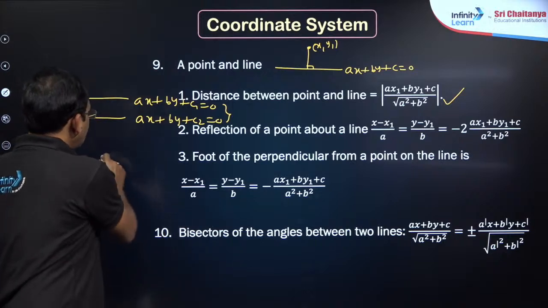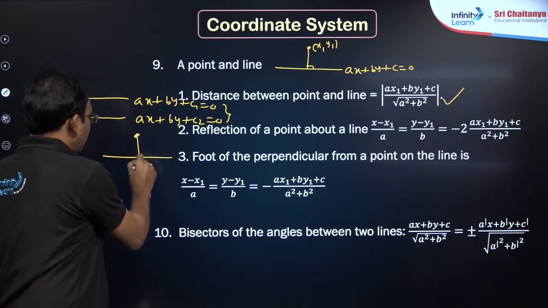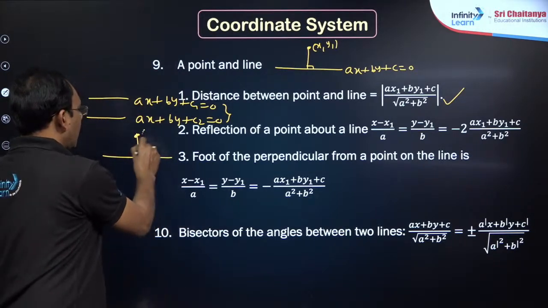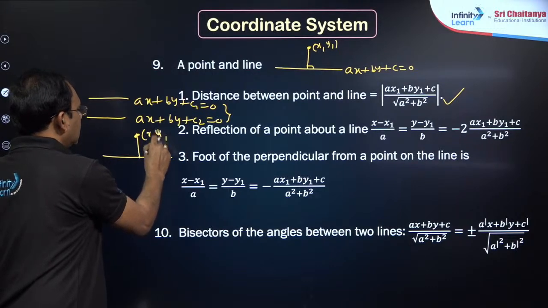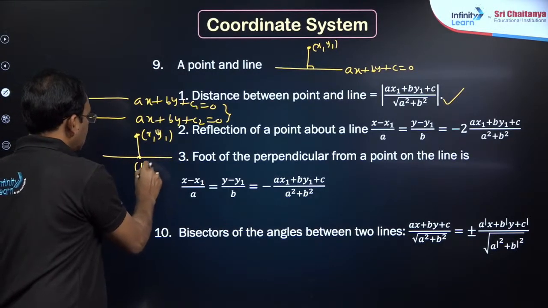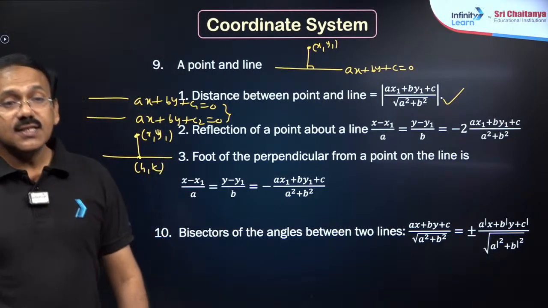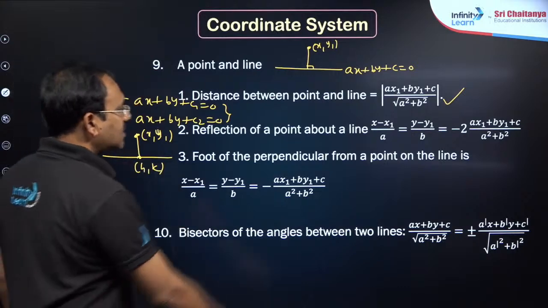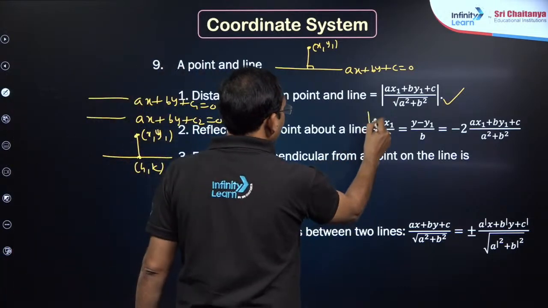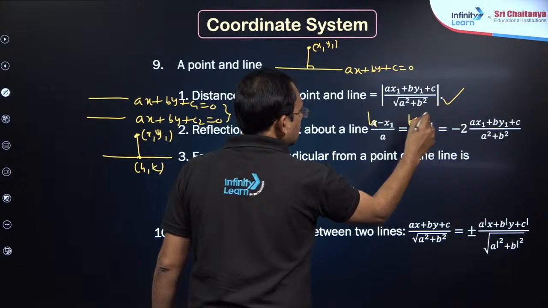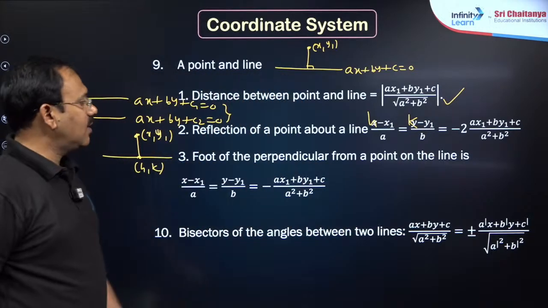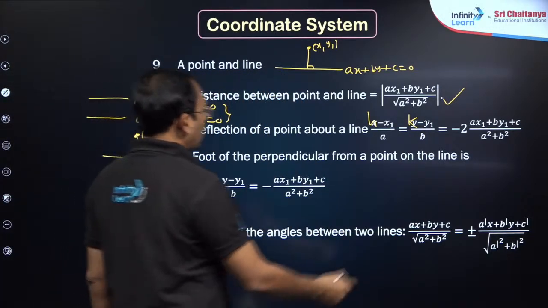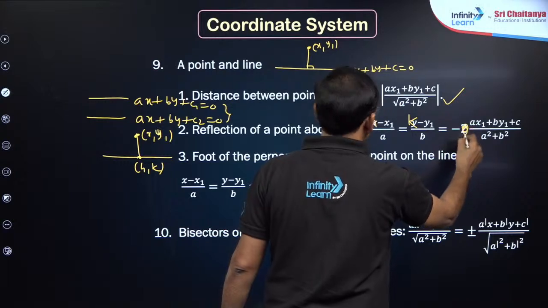And to find the foot of the perpendicular from a point (x1, y1) to a line, suppose the foot of the perpendicular is (h, k). This is given by (h minus x1)/a = (k minus y1)/b = minus of... for the foot of the perpendicular.